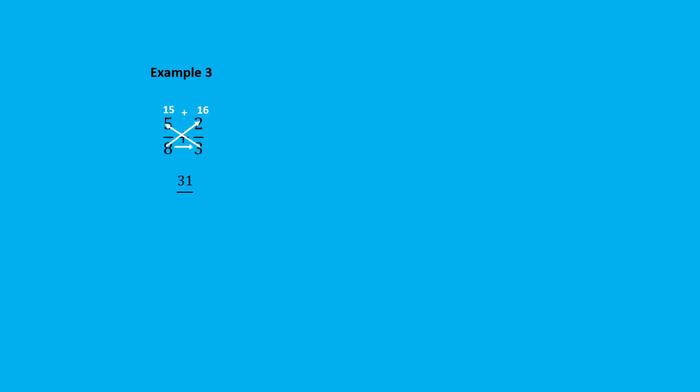Now we take 8 times 3 is 24, 24 in the denominator. And if you look at 31/24, nothing will divide into both, so we're simplified. But this is an improper fraction, so you may wish to change it to a mixed fraction, which in this case would be 1 7/24.